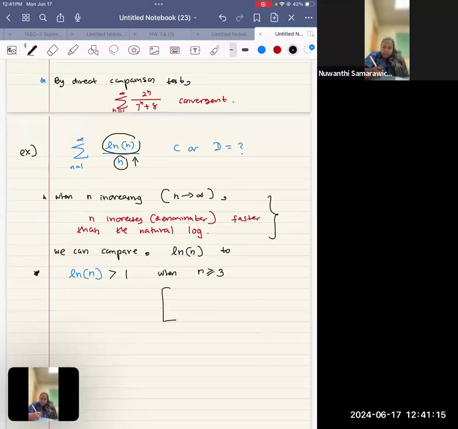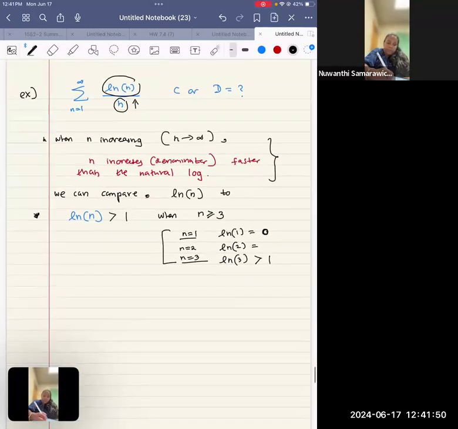How do we check? When n is equal to 1, the natural log of 1 is just 0. When n is equal to 2, the natural log of 2 is 0 point something. When n is equal to 3, this is greater than 1, it's 1 point something.